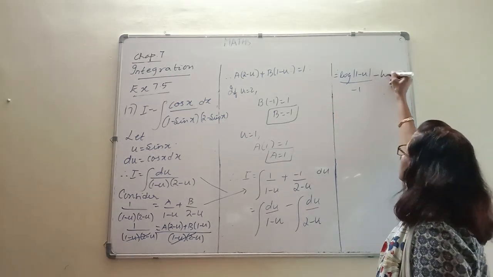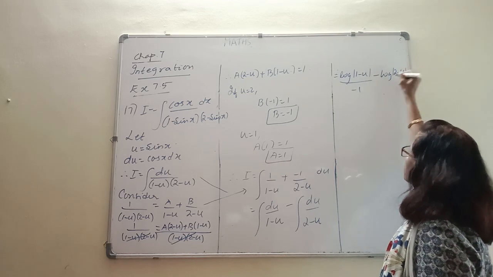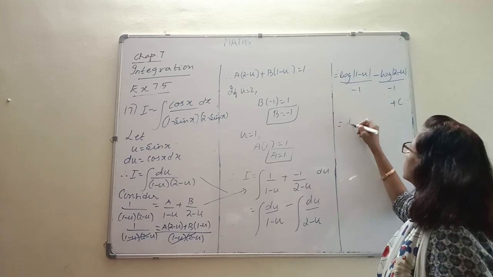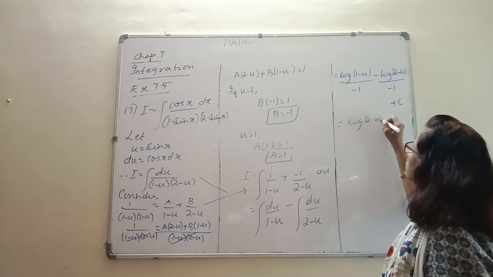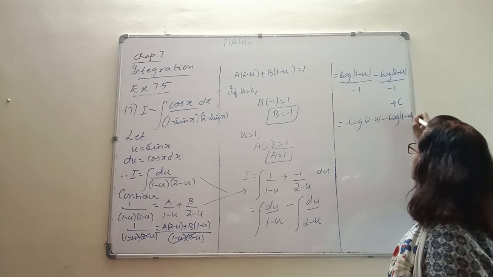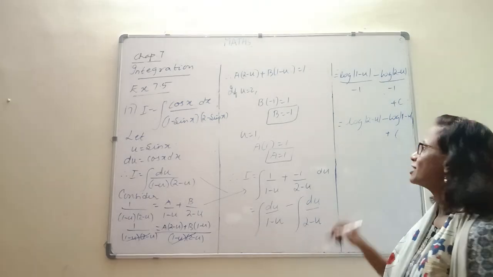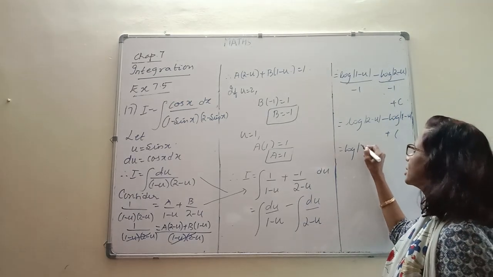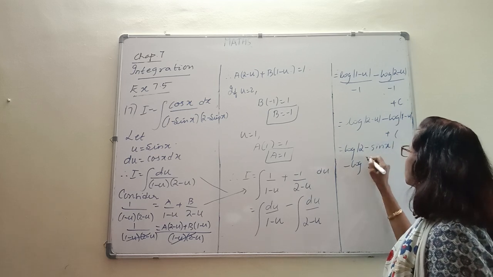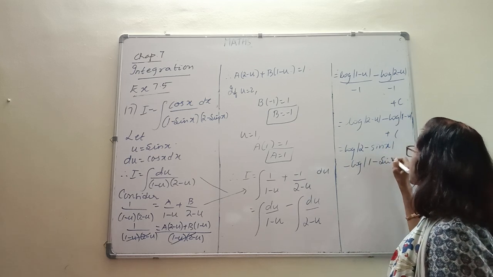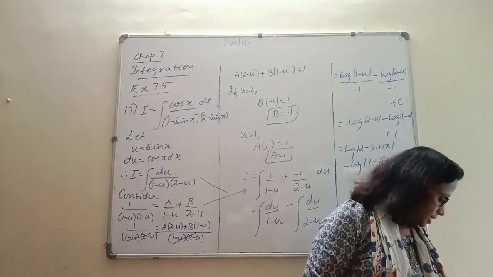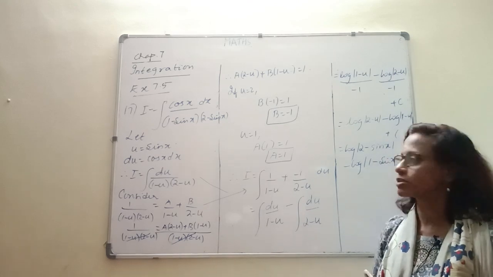Here also it is log modulus of (2 minus u), and we have to account for the coefficient, plus C. When we rearrange everything, we get log modulus of (2 minus u), positive because of both these negatives, minus log modulus of (1 minus u), plus C. u is our creation, so we have to come back: log modulus of (2 minus sin x) minus log modulus of (1 minus sin x) plus C. So it is the 1 minus term which gets the negative, and the other term is positive.